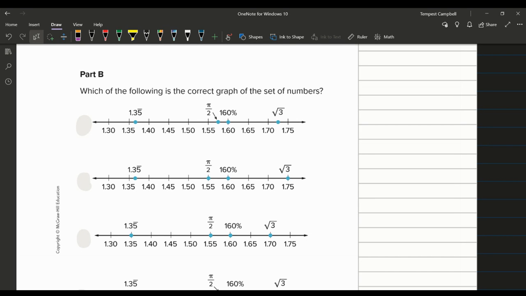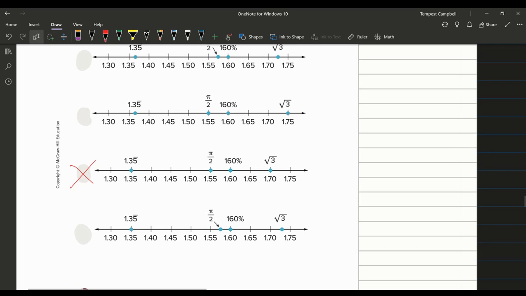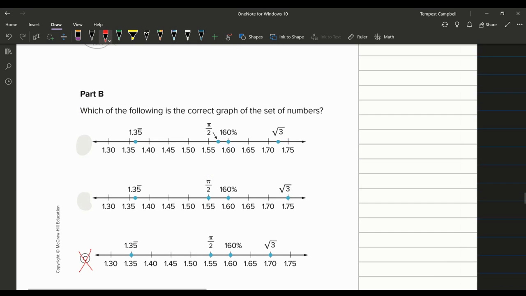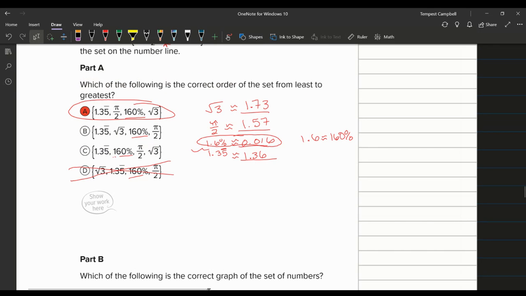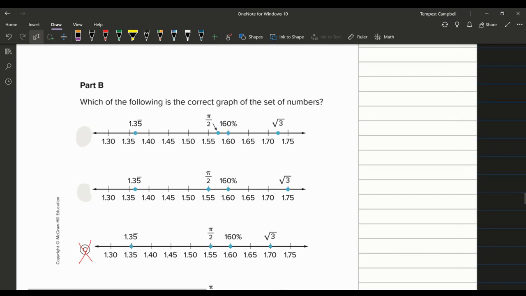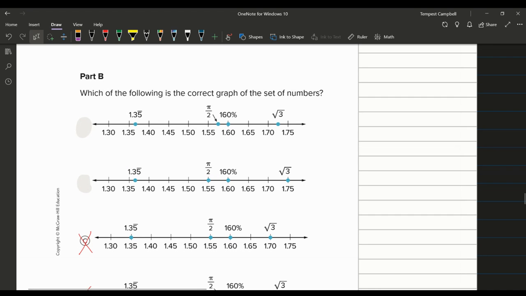So that tells us that eliminates the one down here, and it eliminates the one down here, and we'll double check. Yep. So that eliminated C and D because it's going to be just a little bit more. It's not exactly 1.35. And then pi over 2 is 1.57, not 1.55. So it should be A.